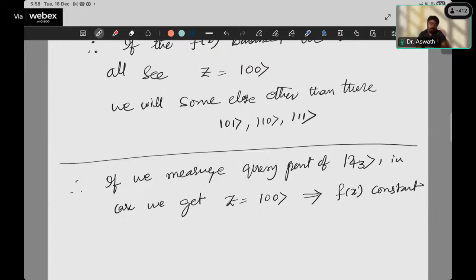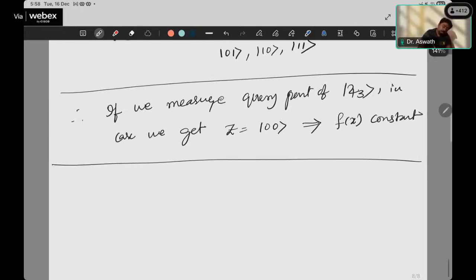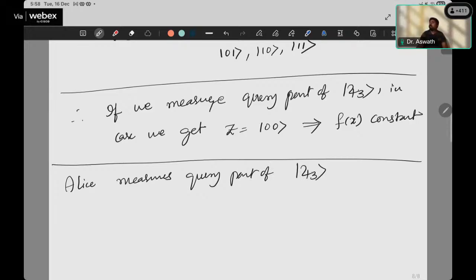So what Alice can conclude is, now Alice measures the query part of psi3. She measures the query part of psi3, right?